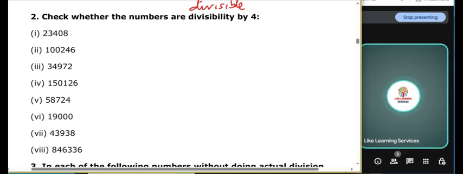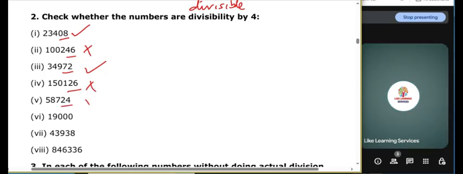Let's run through it very quickly. I is divisible by 4, because 8 is divisible by 4. That one is divisible by 4. It's not. This one is divisible by 4. This one, not divisible by 4.